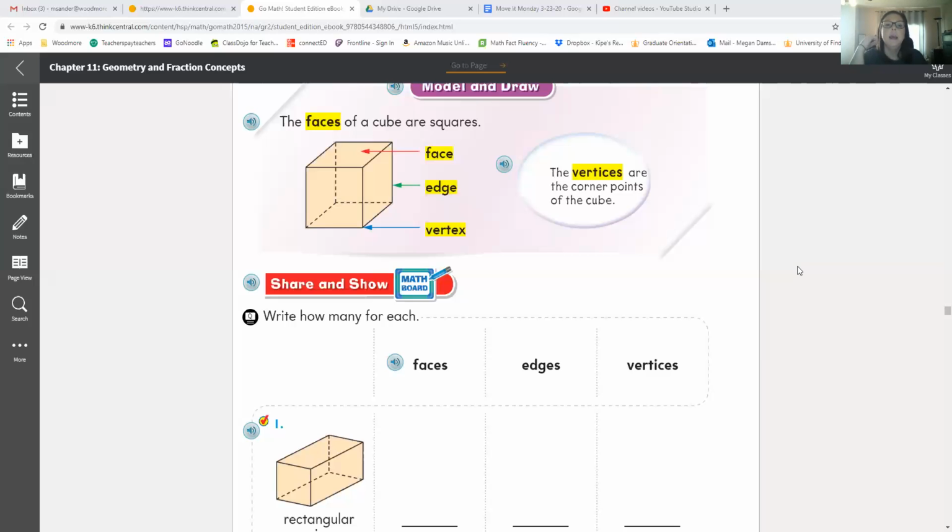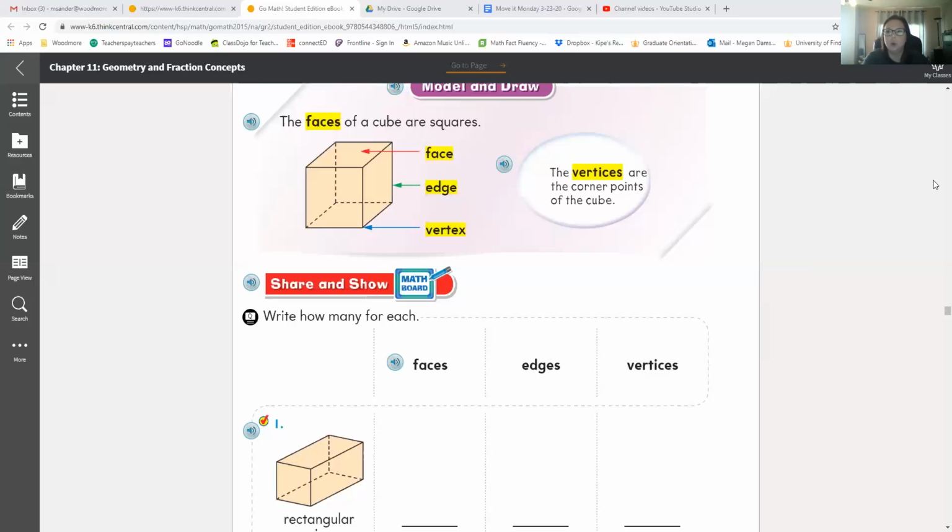An edge is basically a side or a hard line in a 3D shape. And the vertex is the corner or the point where 2 edges or lines meet. Vertices is more than one vertex, okay?